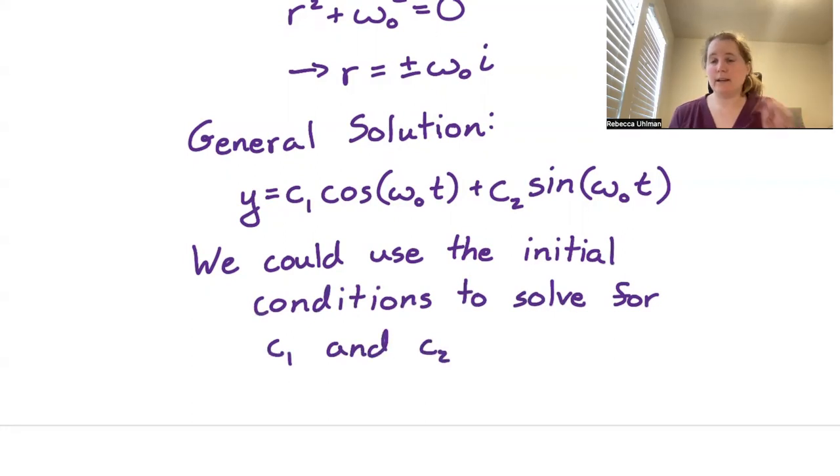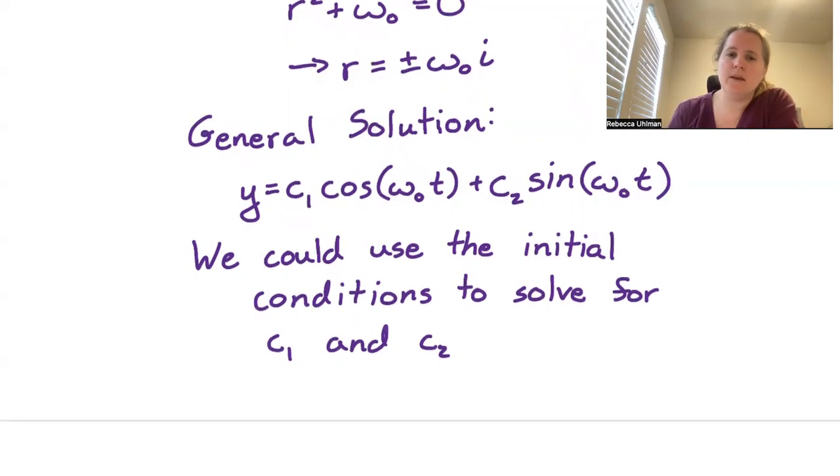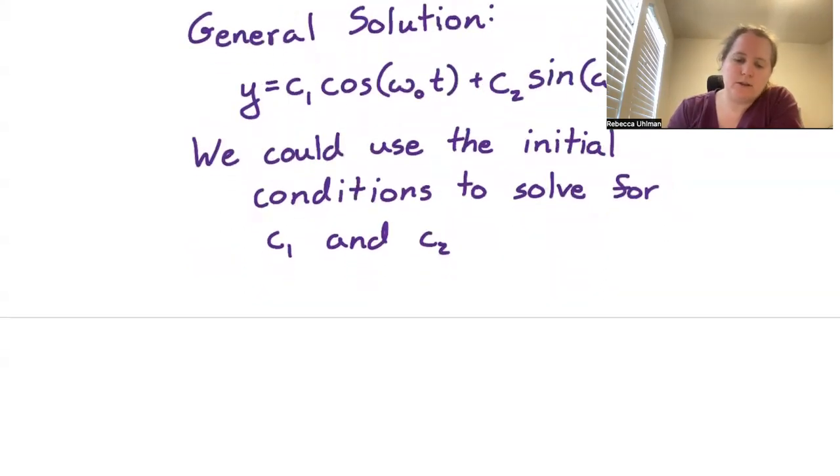With cosine and sine, it's pretty simple. If our t is 0, the sine term will always disappear in y or in y prime. And so you have a pretty simple equation to solve for C1 and C2. And then once you have found C1 and C2, we can manipulate this equation into an alternative form.